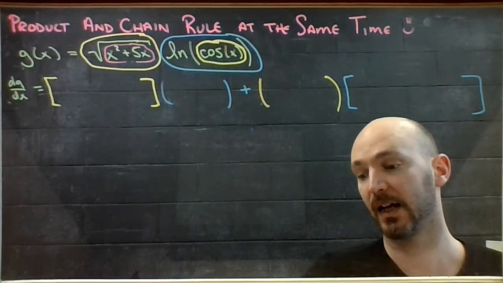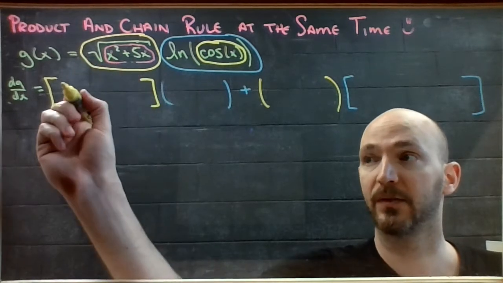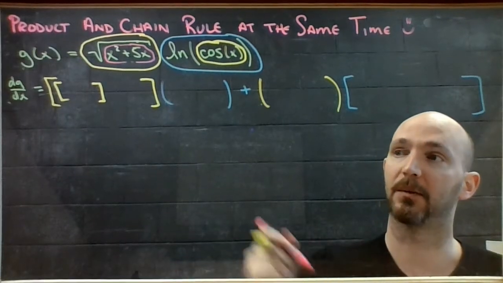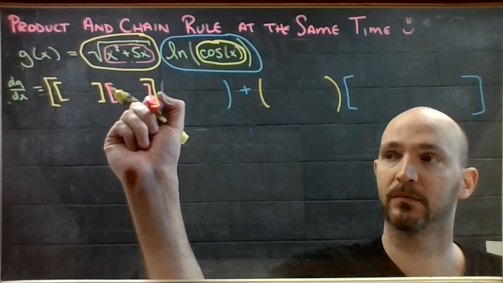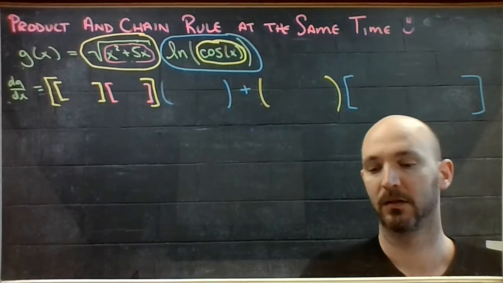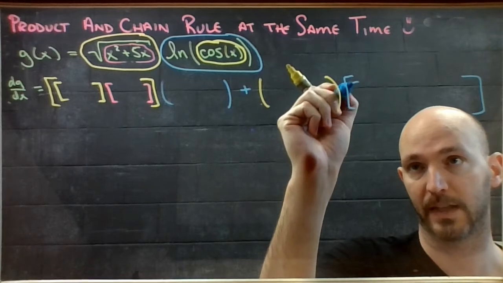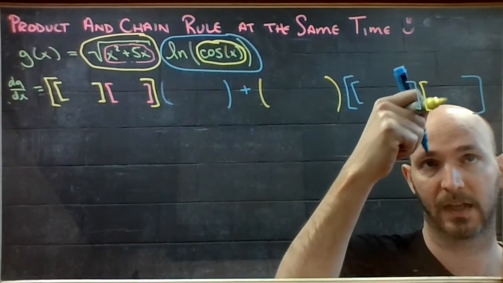Now, inside of this yellow piece, in order to do its derivative, I'm going to have to do the derivative of the outer layer, and then I'm going to have to do the derivative of the inner layer. And for this one, I'm going to have to do the outer layer and the inner layer as well.